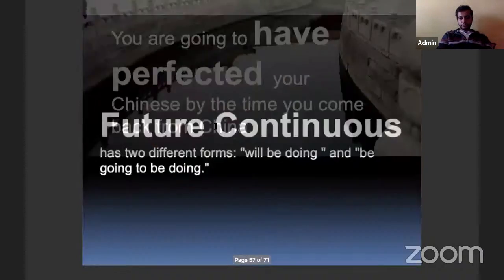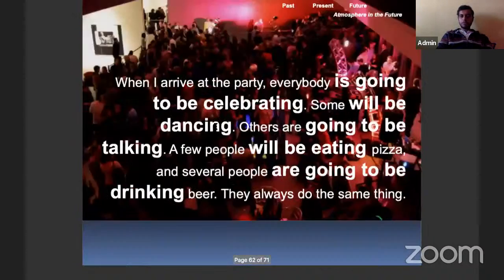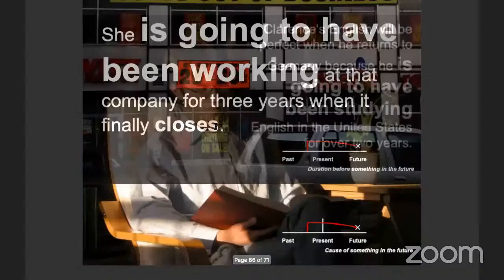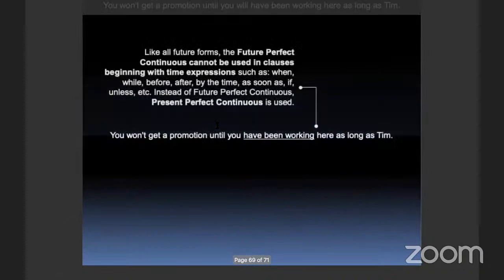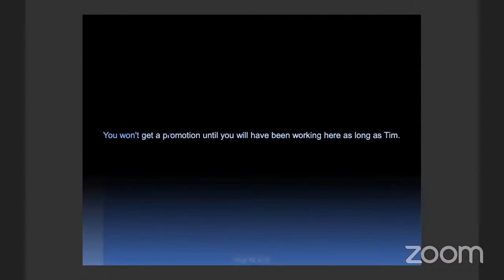Similarly, you cannot use future continuous, use present continuous. You cannot use future perfect continuous, you use present perfect continuous. So you won't get a promotion until you will have been working here as long as Tim.